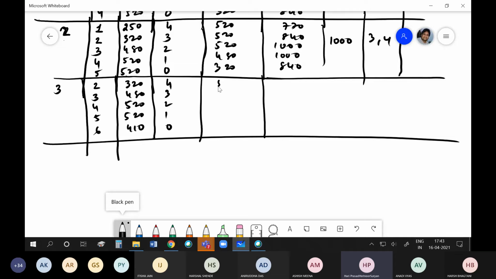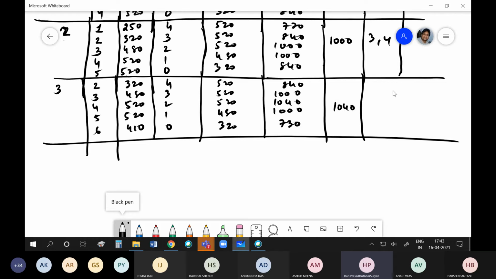I get 520, 520, 520, 480, 320. The totals are 840, 1000, 1040, 1000, 730. So I get 1040 corresponding to this, which is 4.